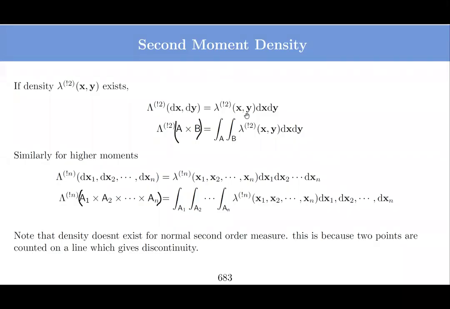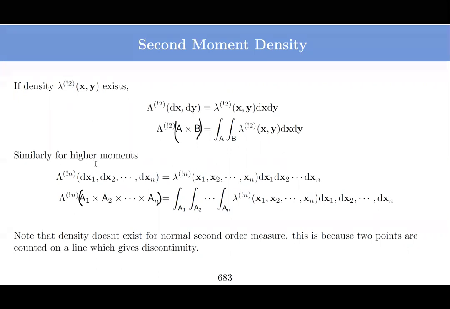Now, if the second moment density exists, which is lambda factorial 2 of x comma y, then the factorial second moment measure of dx comma dy would be given by the density times dx times dy. So for any sets A and B, the factorial second moment of A cross B would be given by integrating the density over sets A and B.